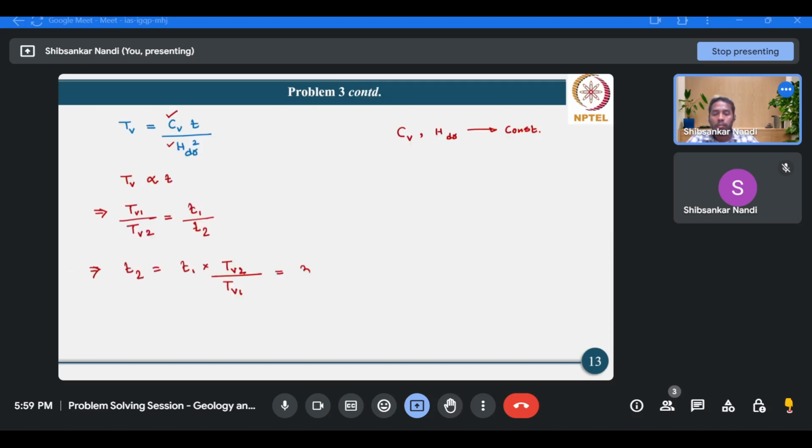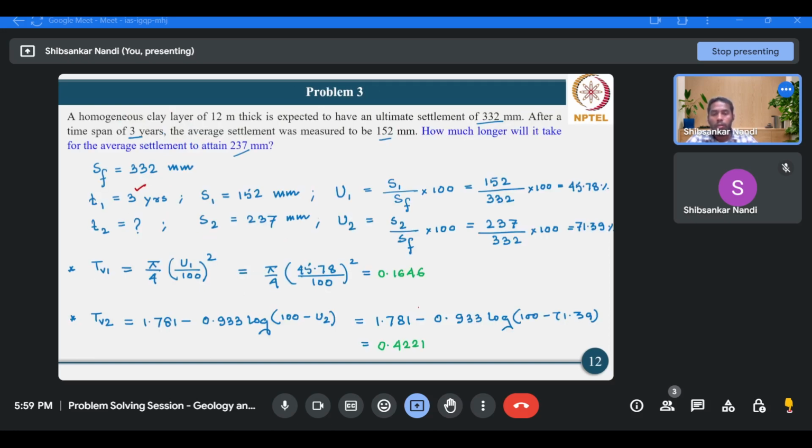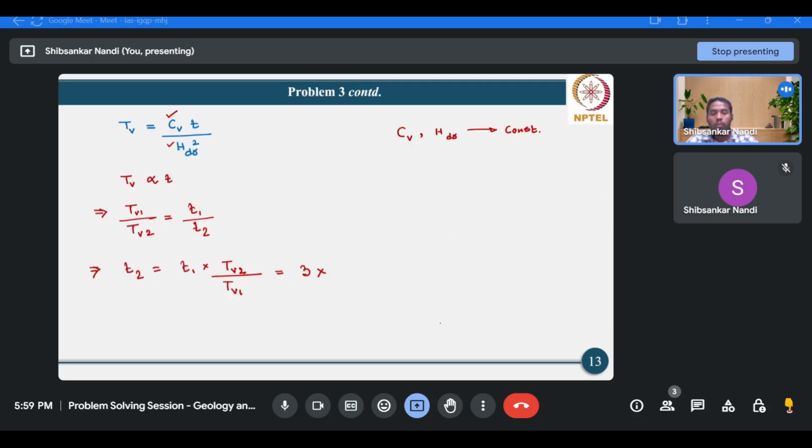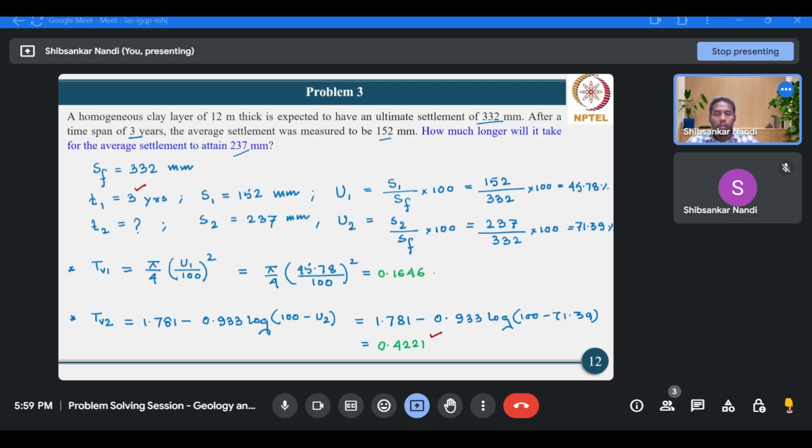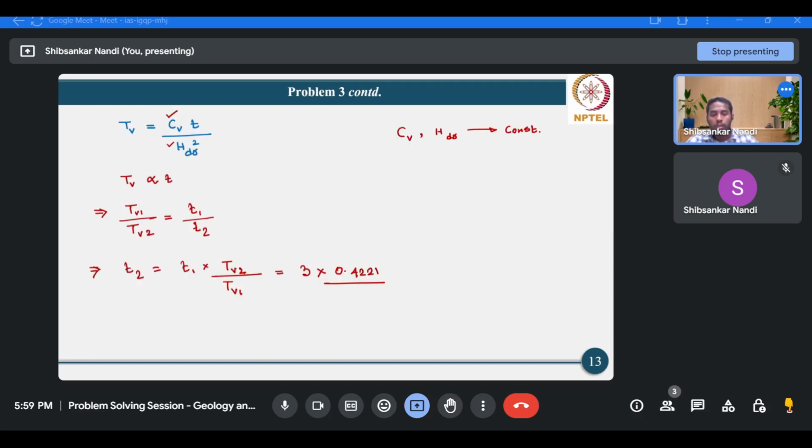TV2 value is 0.4221, and the value of TV1 is 0.1646. So it's approximately 7.6 years. Okay, so this is the answer.